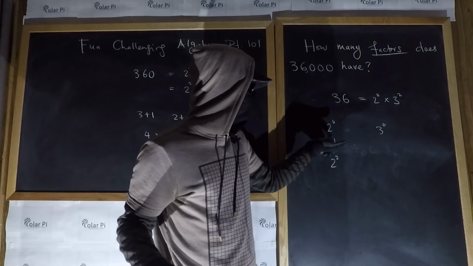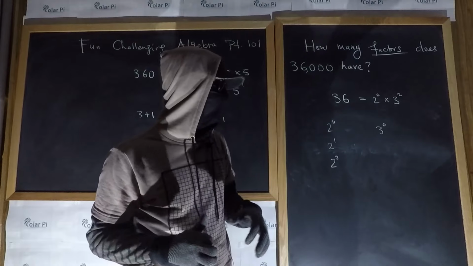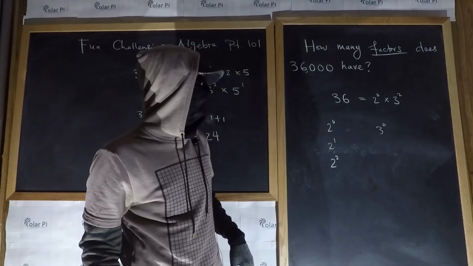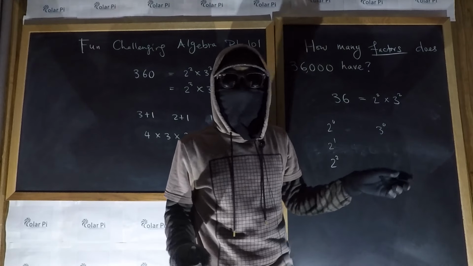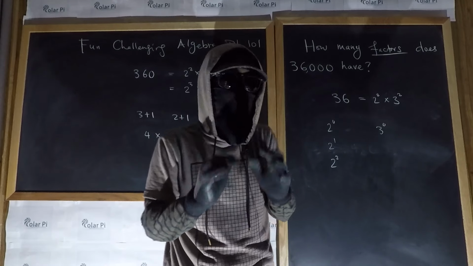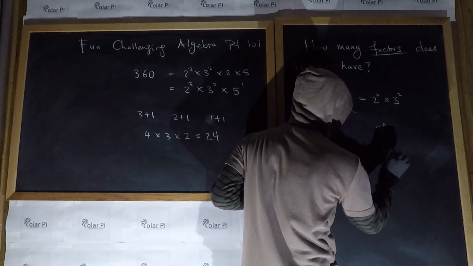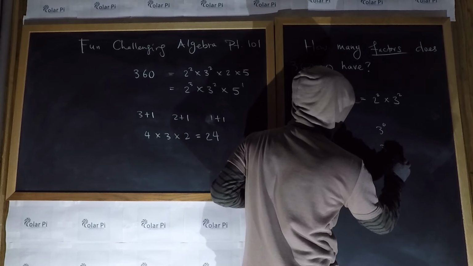Let me explain the 3 to the 0: a certain factor of 36 may not use any 3's. For example, 4 is a factor of 36, and it's 2 to the second times 3 to the 0. It doesn't use any 3's. So 3 to the 0, then 3 to the first, and then 3 to the second.